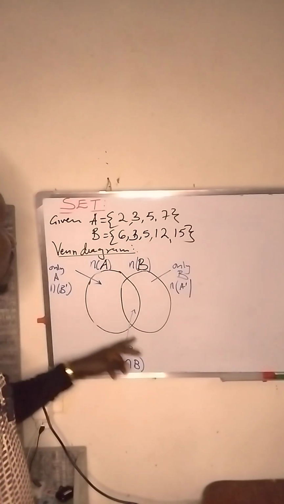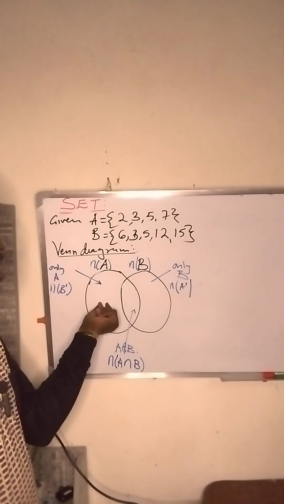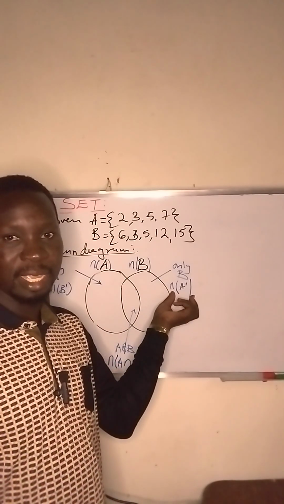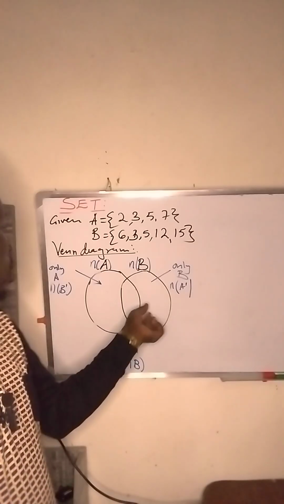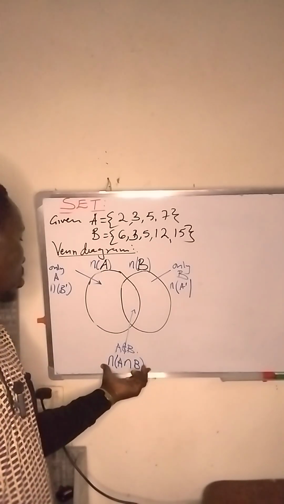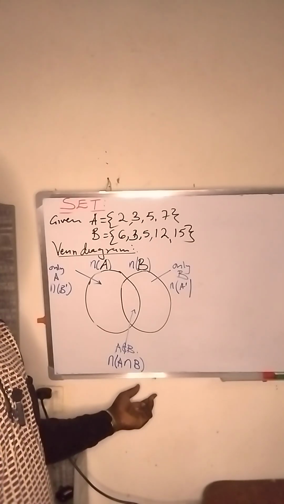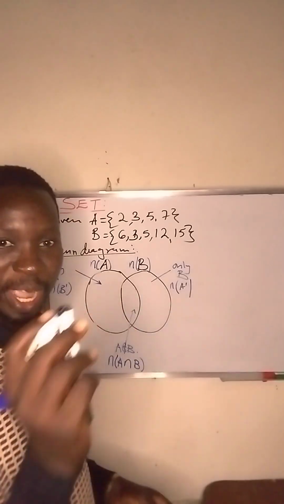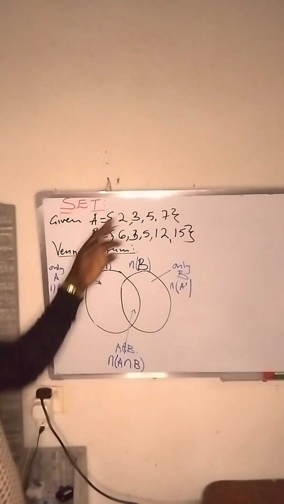When you remove all members of B, what remains there is A only. And when you remove all members of A, what remains there is the number of B only. What intersects here is what we call the number of A intersection B. Are we together? Now we are proceeding with feeding in all these values.